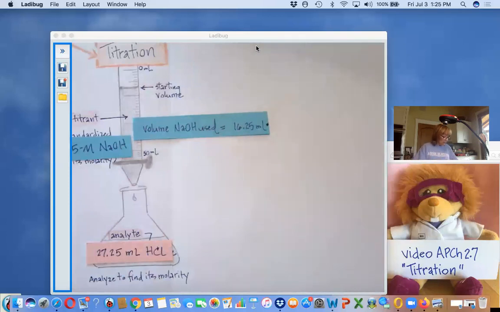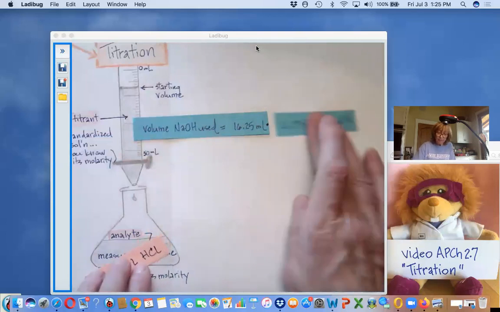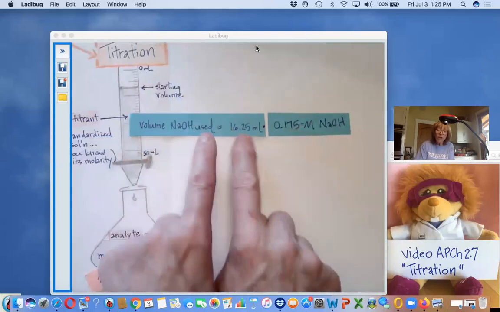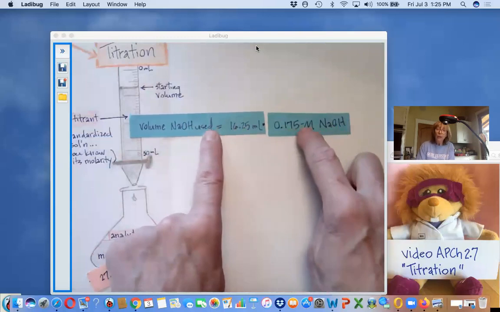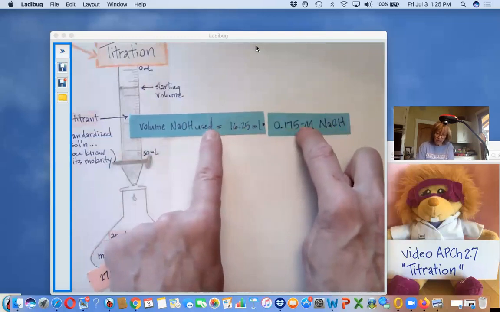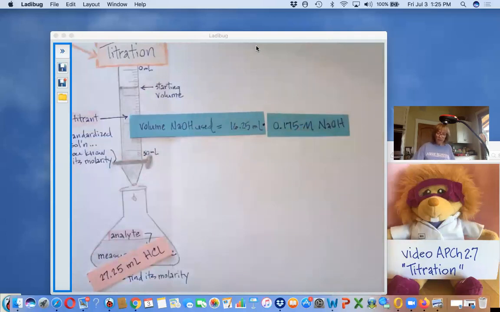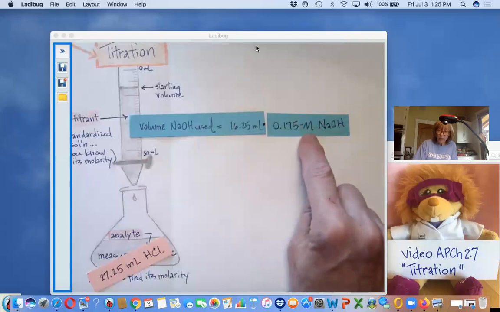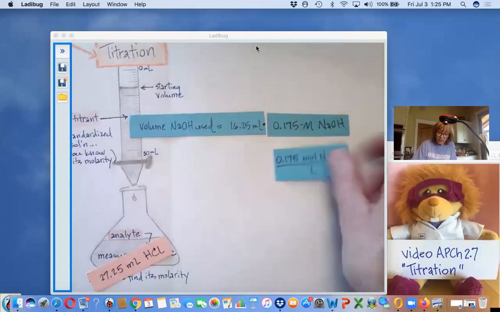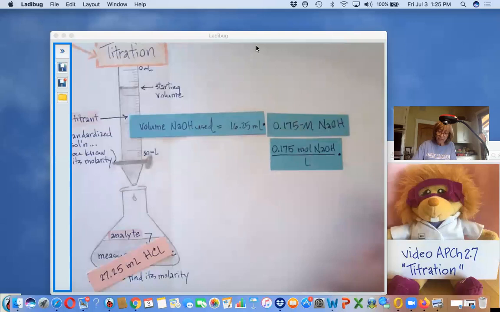Now, I know something else about that sodium hydroxide. I know its molarity. And volume of that solution times its molarity will tell me how many moles I used. Okay, but let's make that a little clearer. You know how I've said in a problem, I don't want you to write molarity with capital M, but instead I want you to write it this way.